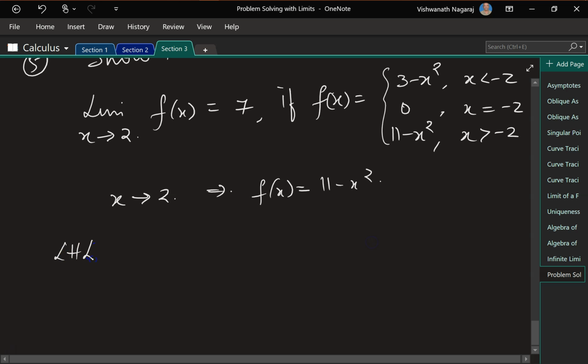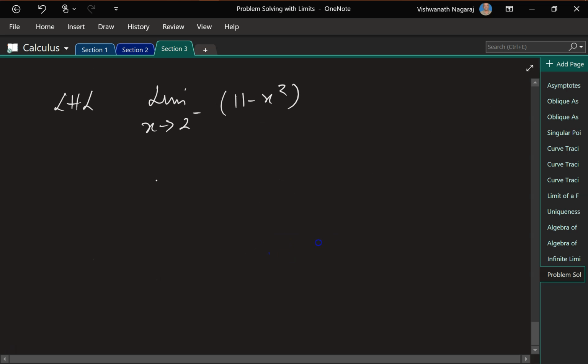So LHL, limit as x approaches 2 from the left hand side of 11 minus x square. Instead of saying x approaches 2 from the left hand side, we say h approaches 0, and we write 11 minus (2 minus h) square.